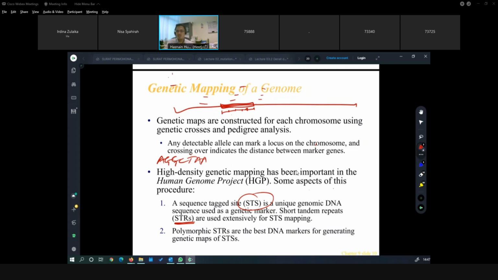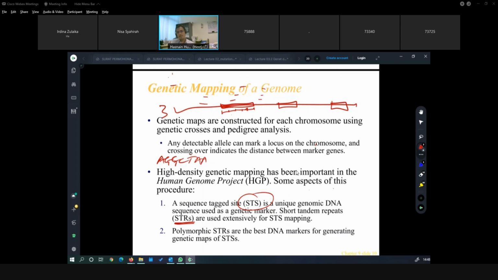So that will be used as a marker. Short tandem repeat will be a marker for, let's say, chromosome 3. And then you can have another marker at this area, another marker at this area. So this is another way of having the sequence information as the marker.